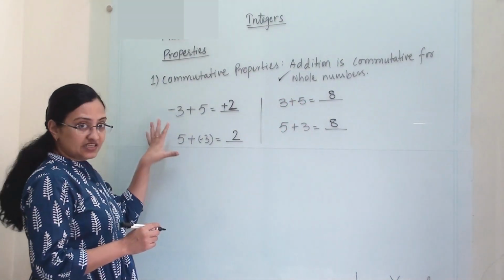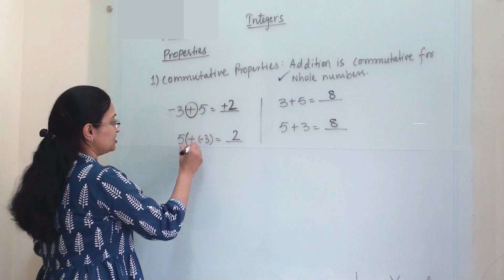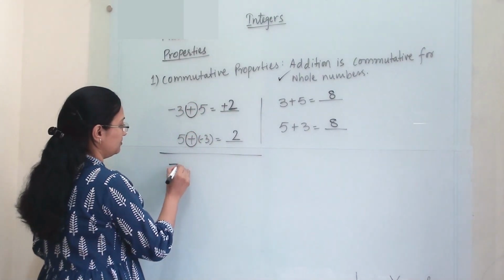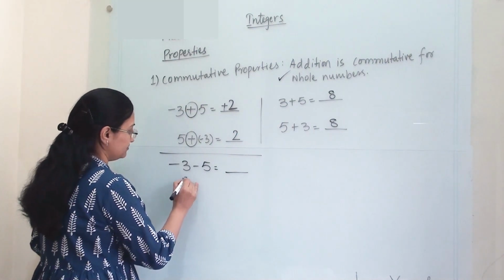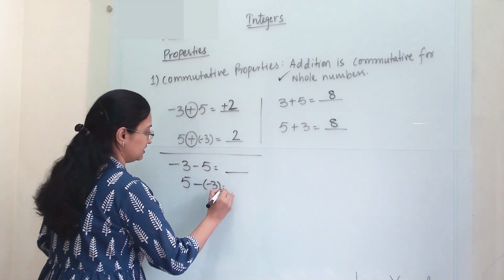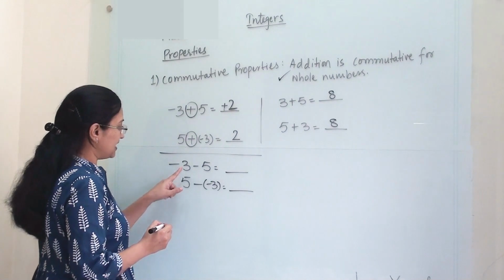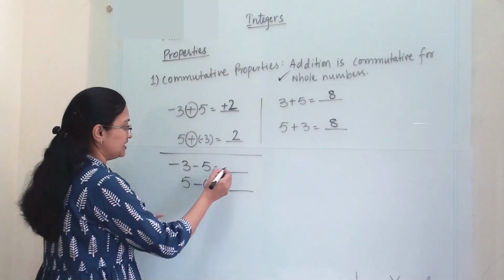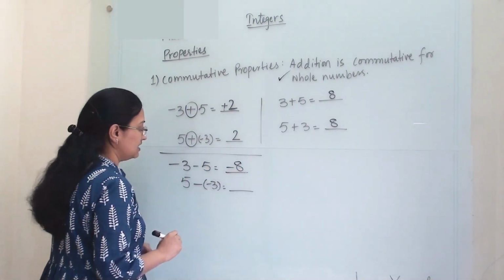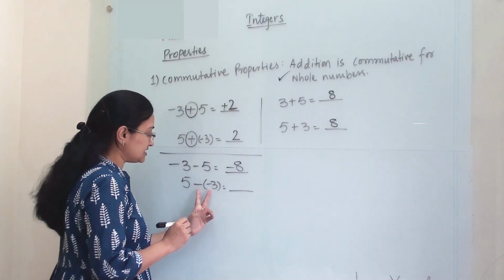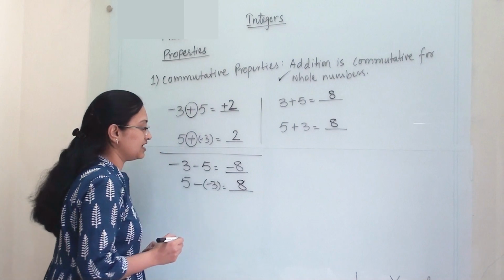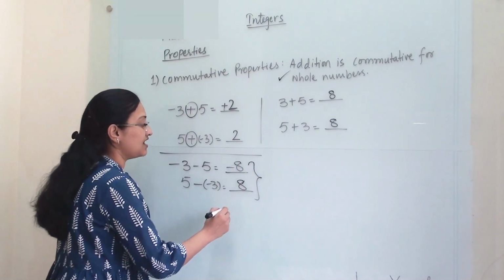We are taking the same numbers, only we are changing the sign. So here -3 minus 5, then 5 minus -3. Let us see the answer. Minus minus will become plus, and this is -8. Here minus minus will become plus, and this will be 8 only. So these answers are different.